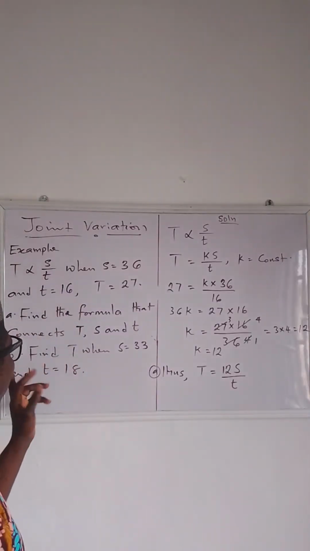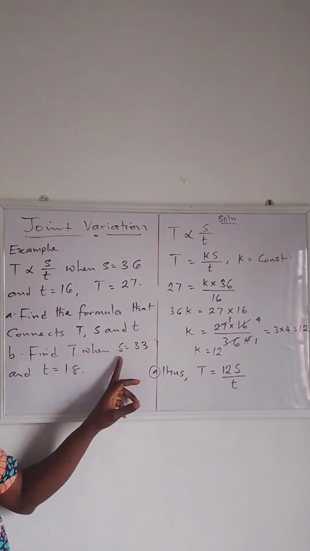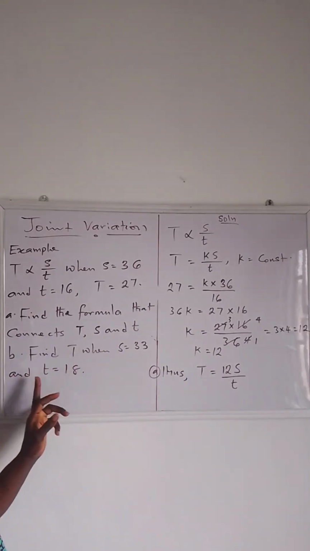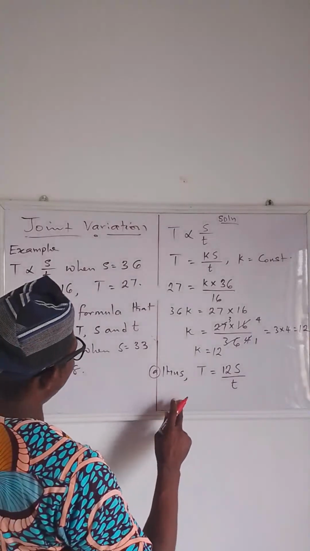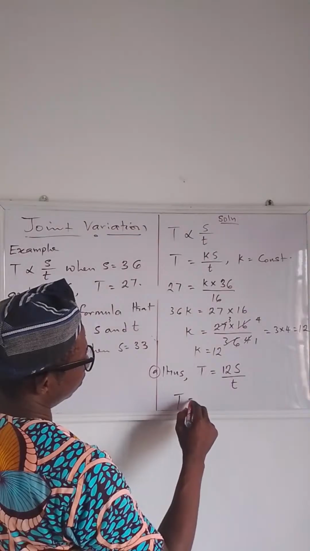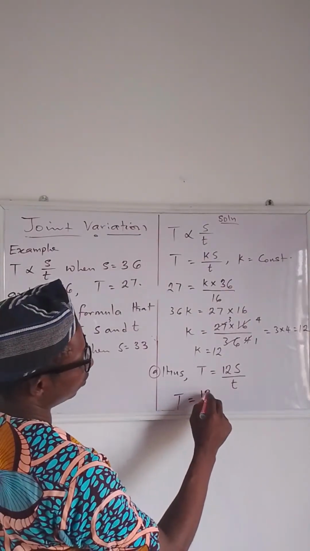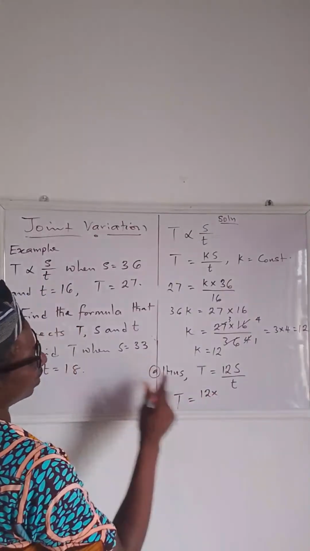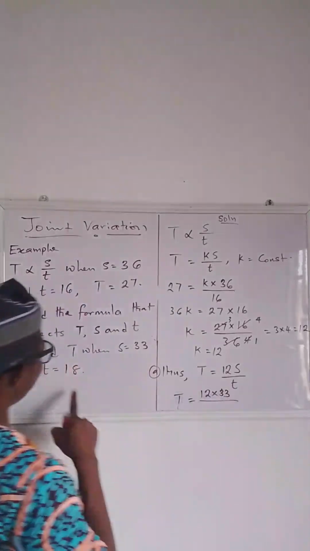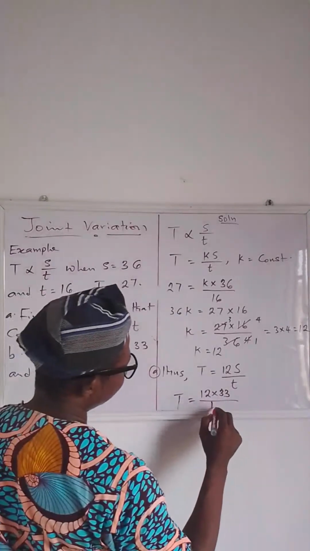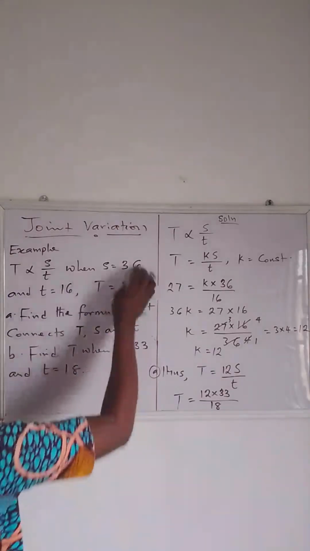Now the second part of the question, you have to find capital T when S is 33 and t is what? 18. Let's plug in the values. We have 12 times, what is S? S is 33, and the small t is 18. Now, how do we reduce this?